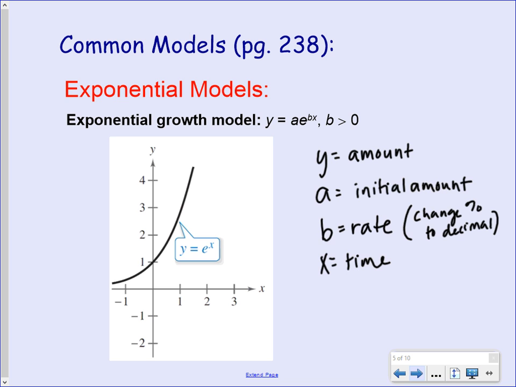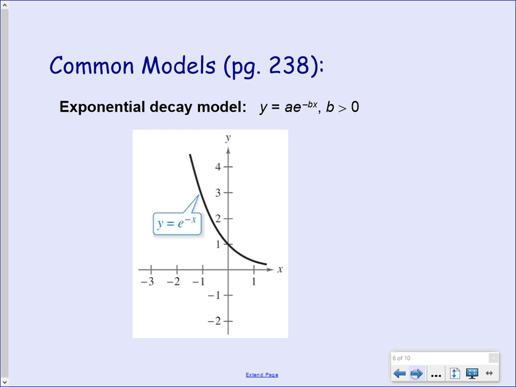Now, notice that it says this is exponential growth when b is greater than 0. That's because your base is already greater than 1. It's e, 2.718. If you have a positive exponent, then it continues to be growth. On the other one, exponential decay, notice that this time b is a negative number.